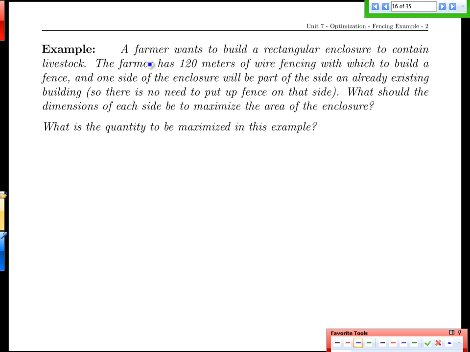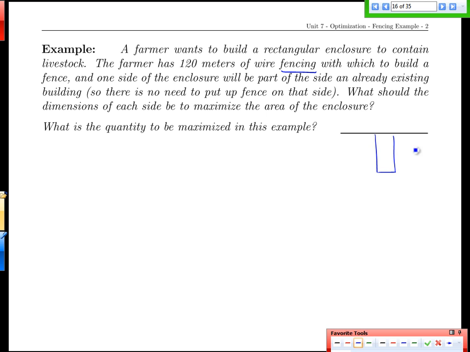All right. The classic fencing problems. A farmer wants to build a rectangular enclosure to contain livestock. They've bought on sale 120 meters of wire fencing, and the nice side is that they're going to build this on the side of a barn. So we have a wall here, and what we're going to build out is some kind of fence like this.